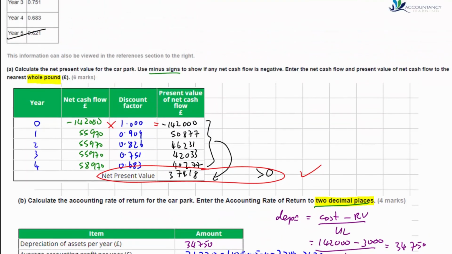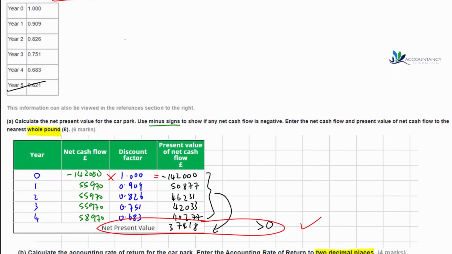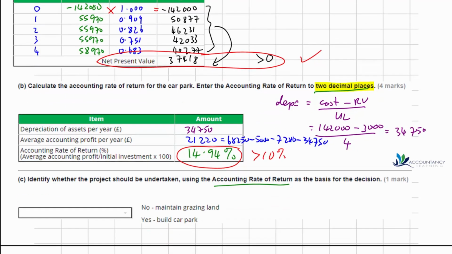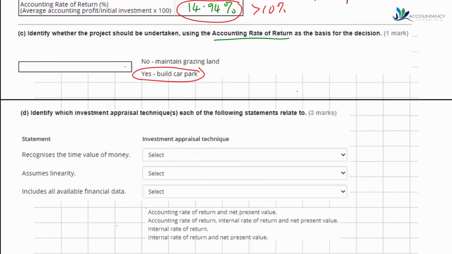Well, it told us, didn't it, earlier on in the question, that the farmer requires a cost of capital of 10%. So yeah, this accounting rate of return is greater than the cost of capital, and therefore, yes, we should build the car park.